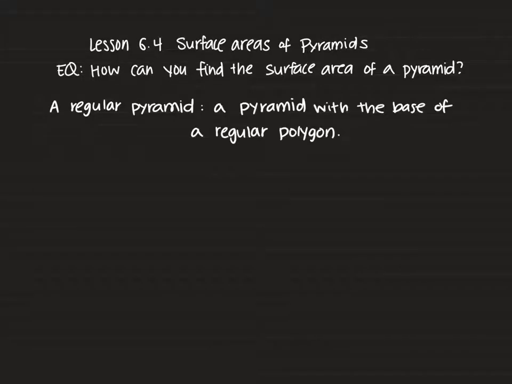So it's going to be either a square, an equilateral triangle, or a regular pentagon. They're going to have all the same angles and all the same sides for the polygon. Then the lateral faces, those triangles, are going to have identical bases and identical heights because they all come from the regular polygon on the bottom.